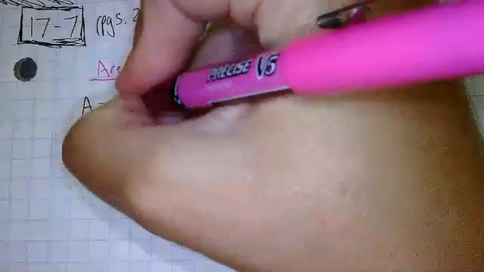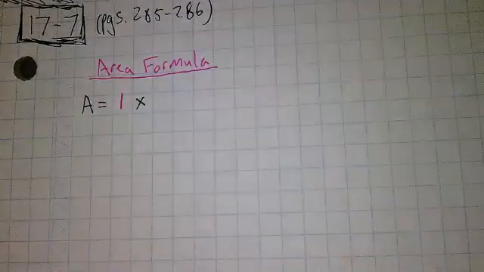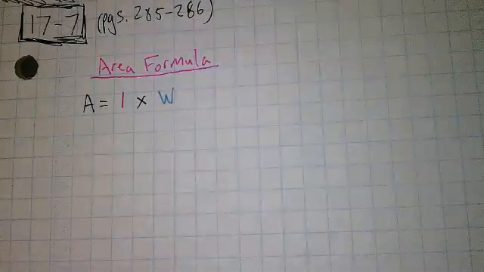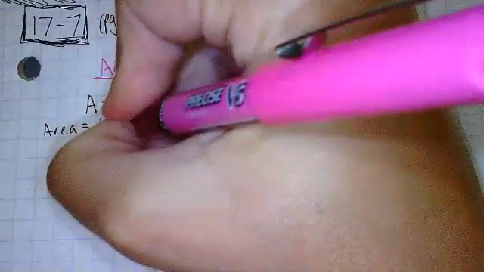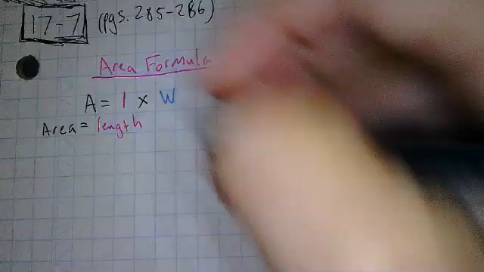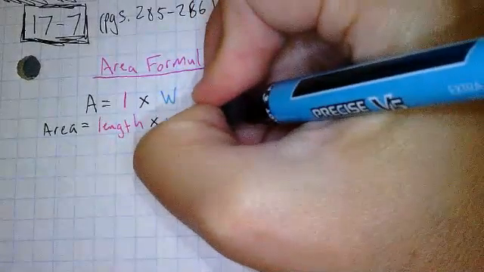This is the formula. Area equals length times width. And if we want to write it out with words like we did yesterday, that'd be area equals length times width.